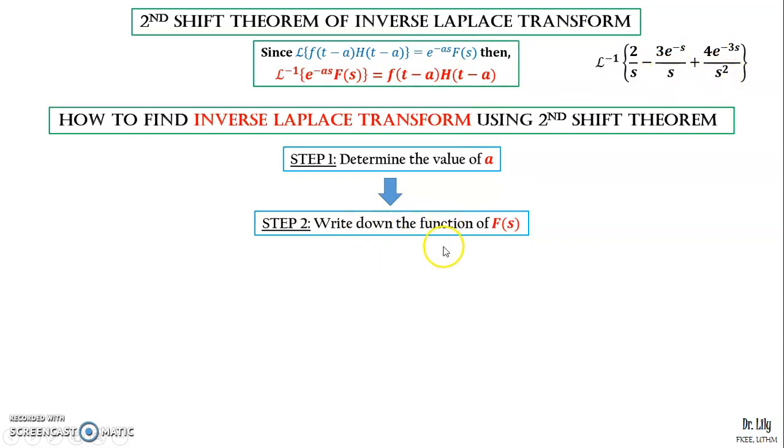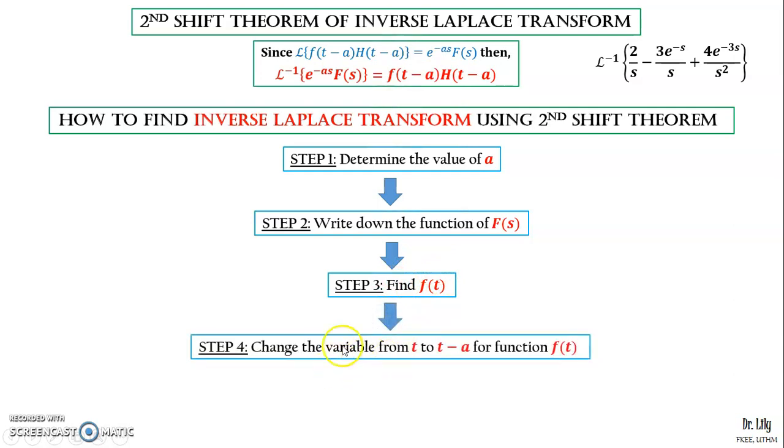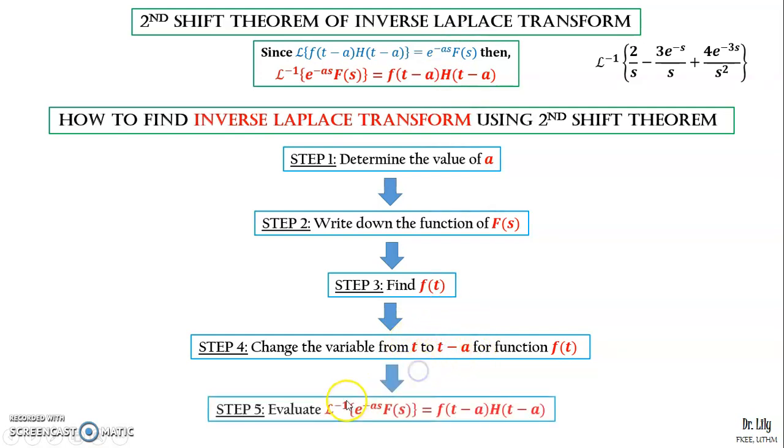Then after you write down F(s), you need to evaluate the inverse Laplace transform of this F(s) in order to get f(t). Once you get f(t), you need to change the variable from t into t minus a. Once you get the function in terms of t minus a, finally you can evaluate the inverse Laplace transform of this function using the theorem. So let's have a look at an example on how to implement all these steps.